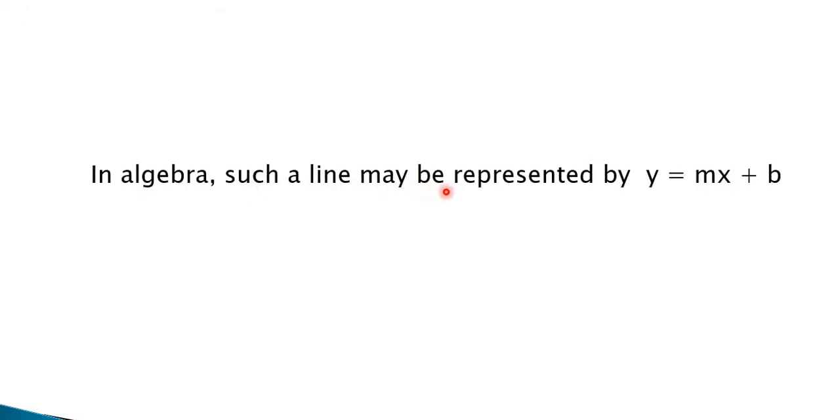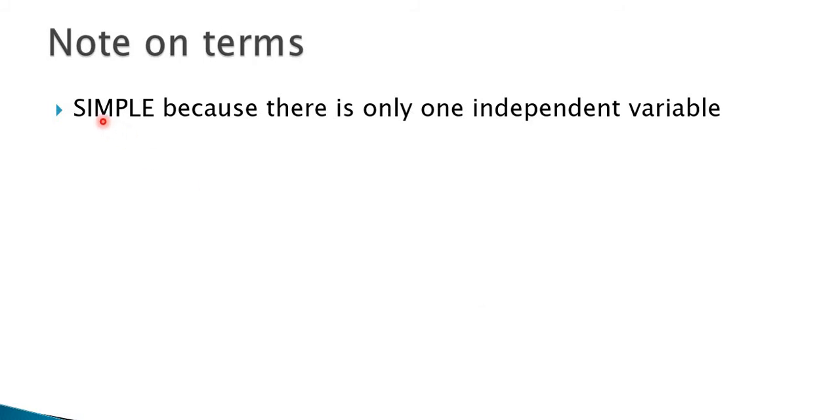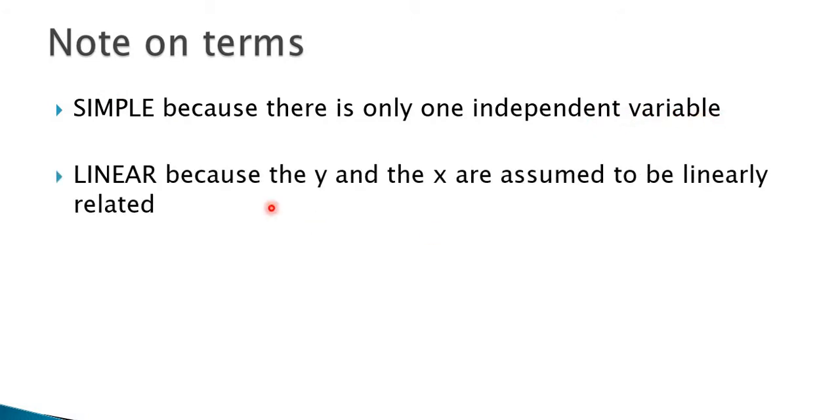In algebra, such a line may be represented by y equals mx plus b. In statistics, this is usually denoted by y equals beta sub 0 plus beta sub 1 x. We call our linear regression analysis simple because there's only one independent variable. And we call it linear because the y and x are assumed to be linearly related.